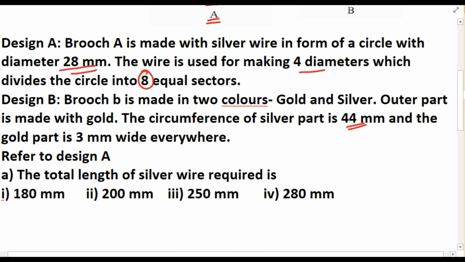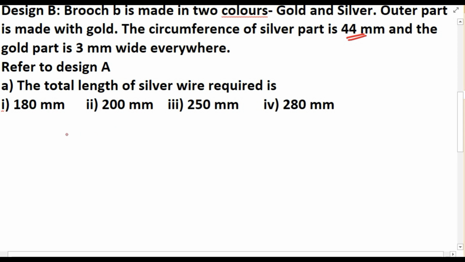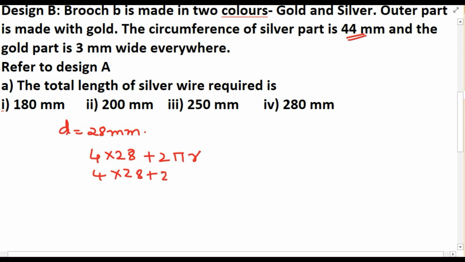So the total length of the silver wire required: 4 diameters, each 28 mm, so 4 into 28 plus 2 pi r, the circumference of the circle. 4 into 28 plus 2 into 22 by 7 into 14, because we need to find the circumference, where radius is half of diameter, which is equal to 88. 28 into 4 is 112.